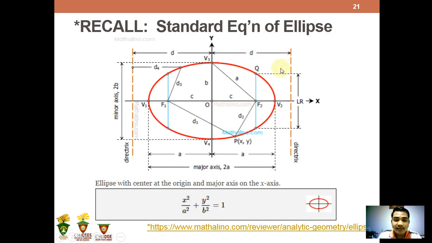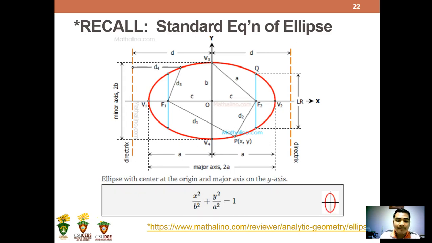And this is for the standard equation. So if an ellipse daw with center at the origin, pasabot ang iyang center is nasa 0, 0, no? So yan ang iyang equation: x squared over a squared, kay since ang iyang x and y is 0, 0 man, so mo na x squared over a squared na lang plus y squared over b squared is equal to 1.